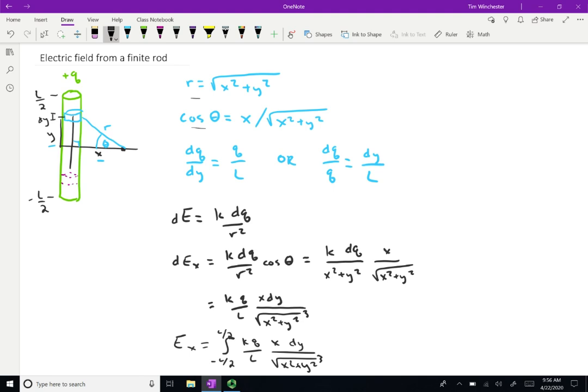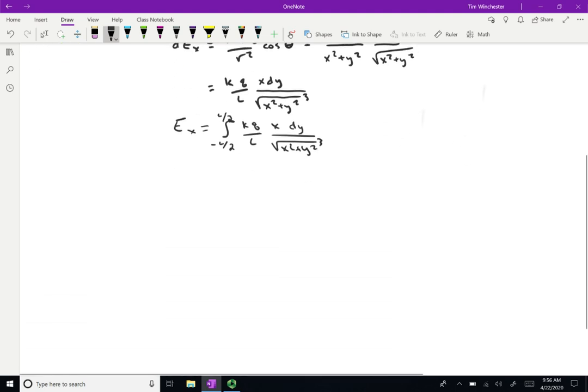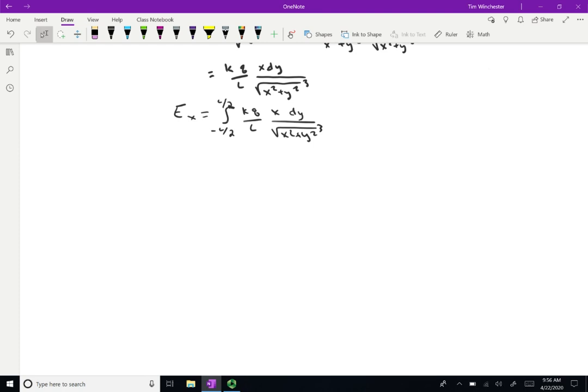So let's go through that tricky integration. Whenever you see something that looks like a square root of x squared plus y squared, that's an indication that you're going to want to use the technique of doing a trig substitution. The substitution that I want to use is going to make it so that x squared plus y squared looks like x squared plus x squared tangent squared of something, which I'll just call alpha.